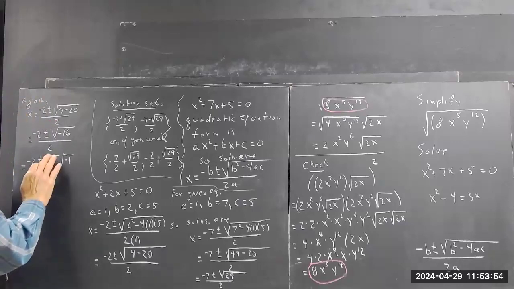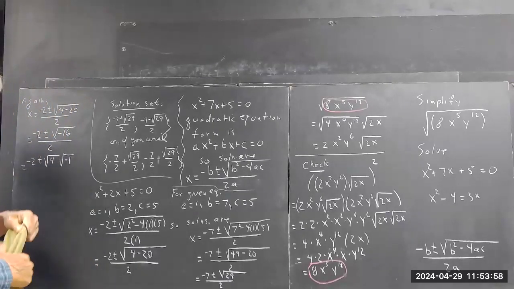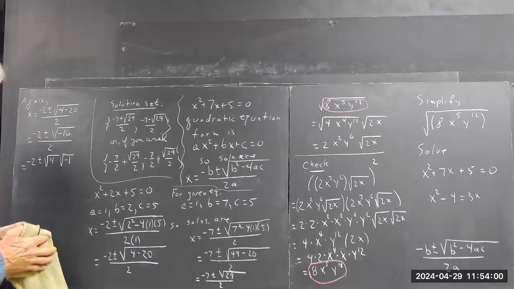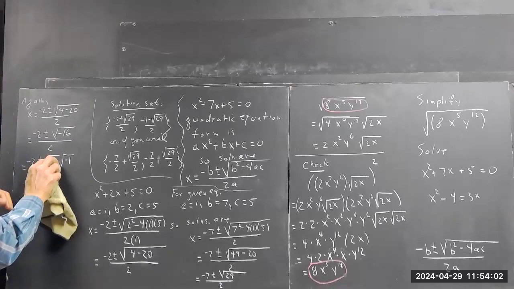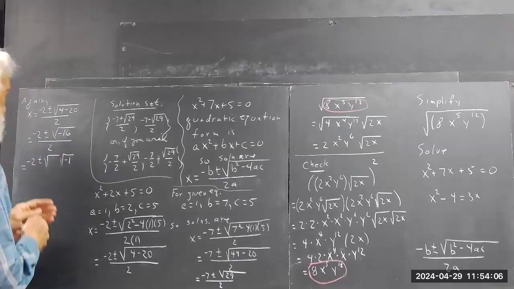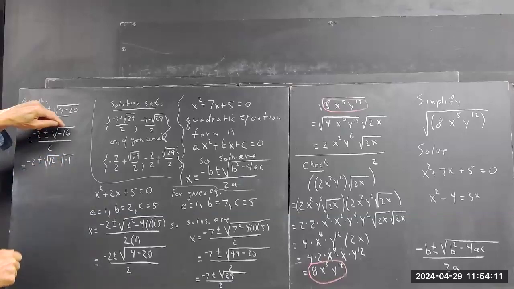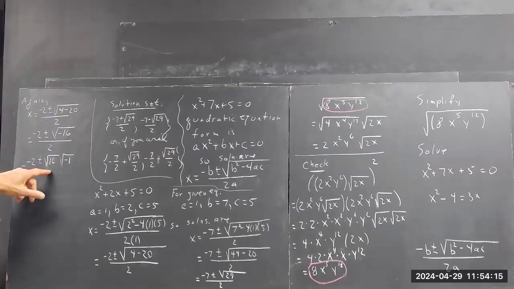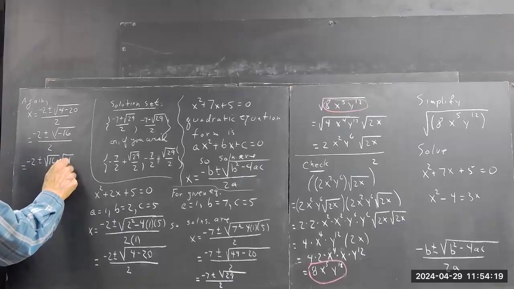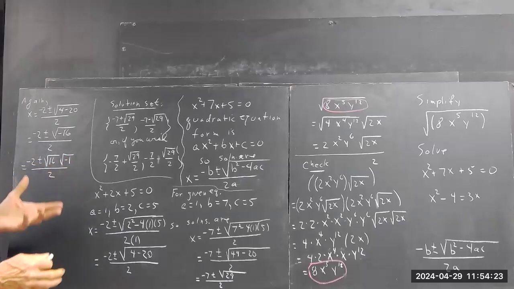Negative 16 is 16 times negative 1. I could take the square root of 16, and then we use what we know about the square root of negative 1, which we've done somewhat earlier in the course.